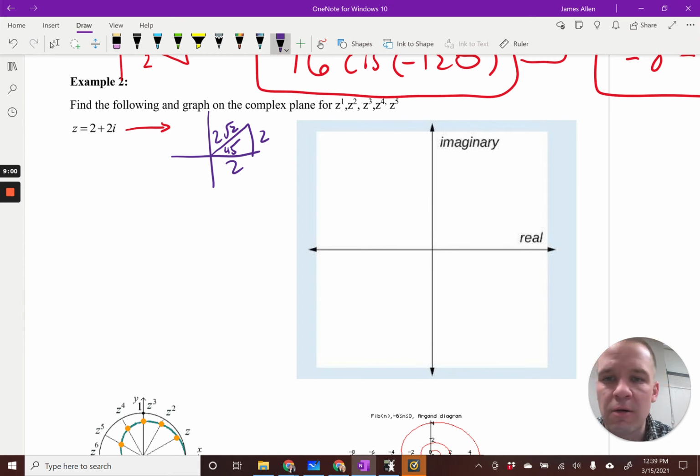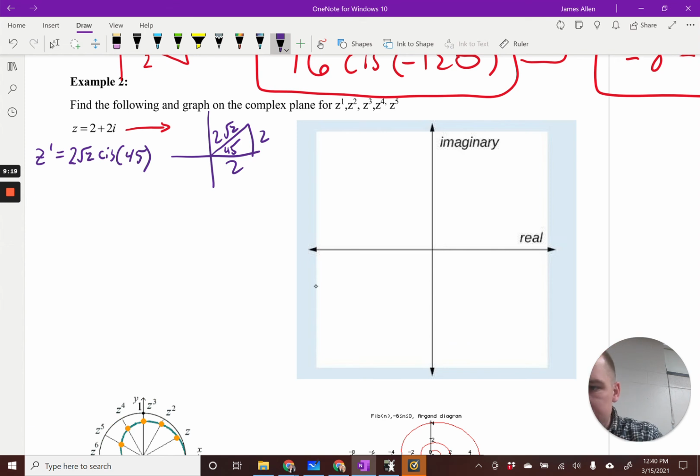So now the polar form of z to the first is 2 root 2 cis 45. That's super helpful when we move forward.